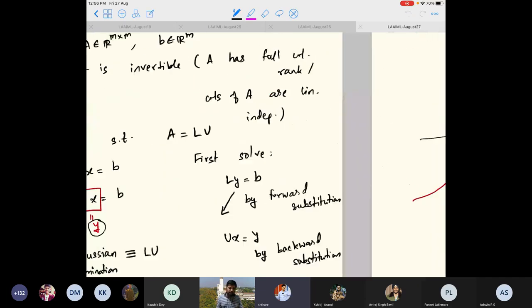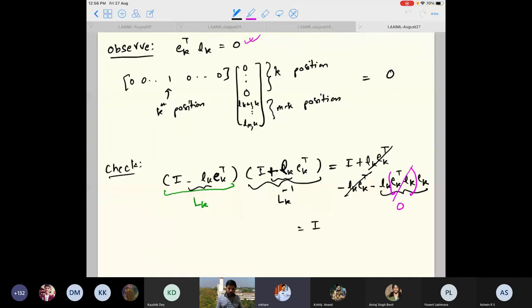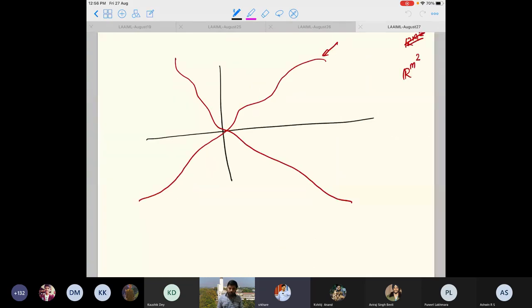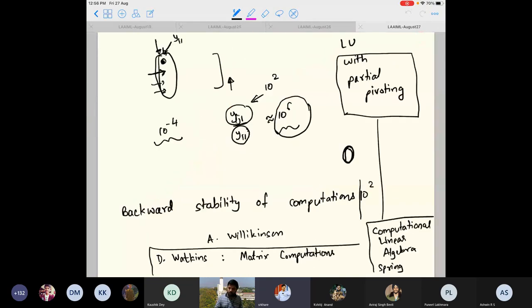And most of the things that I talked about today, the construction of these L matrices and everything I was talking about, and even the example that I was discussing, I have taken this material from a book called Numerical Linear Algebra. These are actually the lecture notes compiled by Trefethen and Bau.